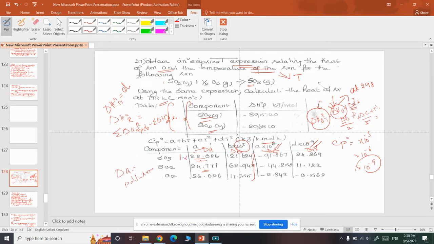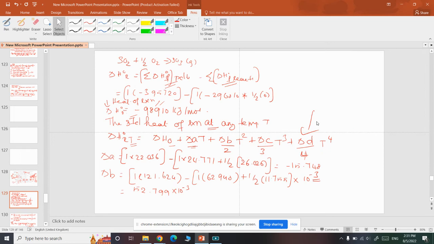So 1 into 22.036 minus 1 into 24.771 plus 1 by 2 into. So these two are reactants and these two are products. In the same way you have to find del B, del C and del D, and after finding, you can write the final answer into 10 power minus 9, 10 power minus 6, like that you can calculate.